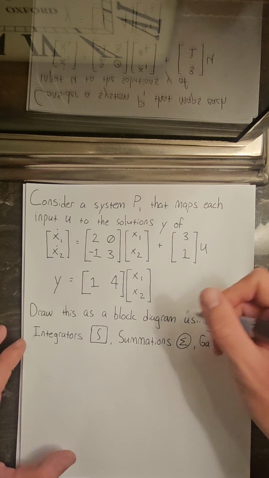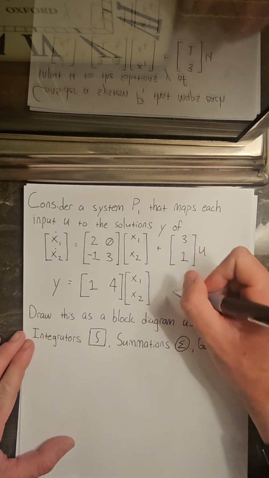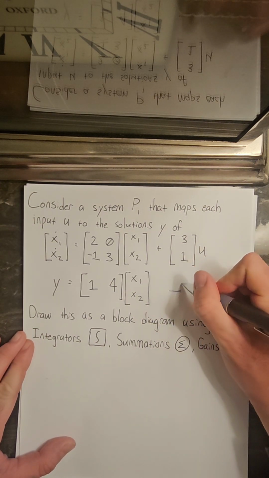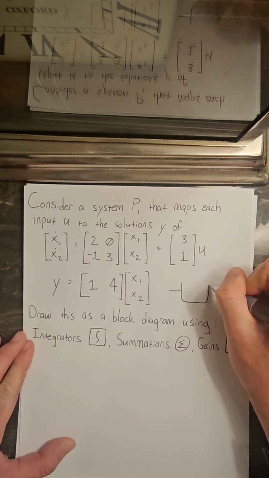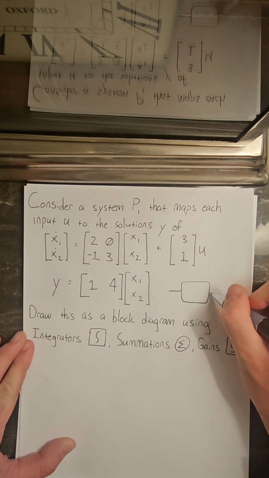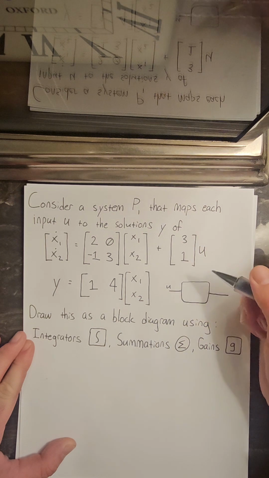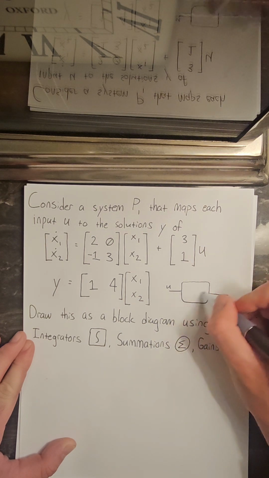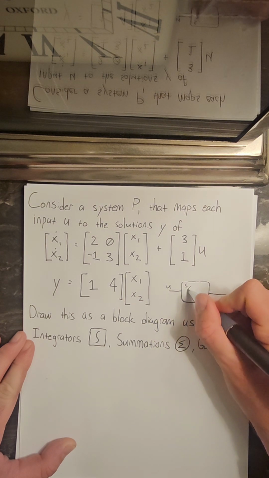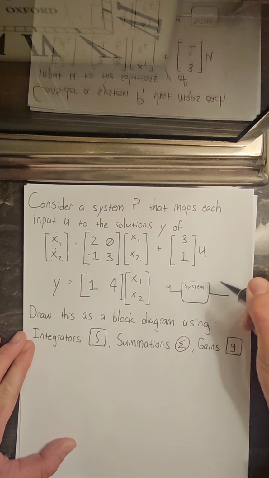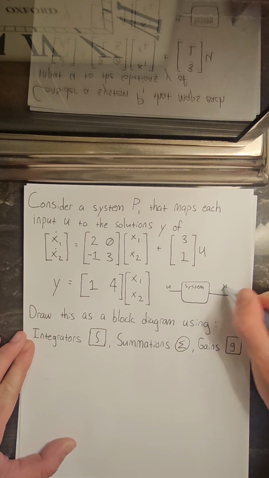Well, usually you can model systems in real life kind of like this. This is something you'll often see in control theory. So you have some sort of input U to a system. So this is a system, and this system has some sort of output.